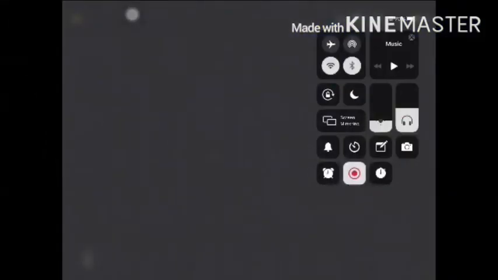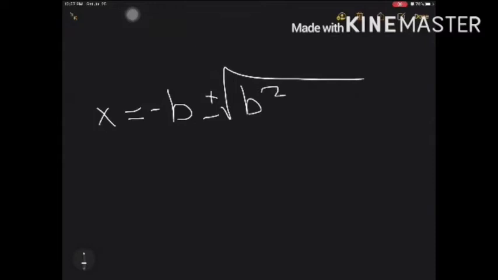So hey everybody, this is the second part of the video, and in this part I'm going to be discussing solving quadratic equations using the quadratic formula. For those of you who don't know what the formula is, it is x equals negative b plus or minus the square root of b squared minus 4ac, over 2a.